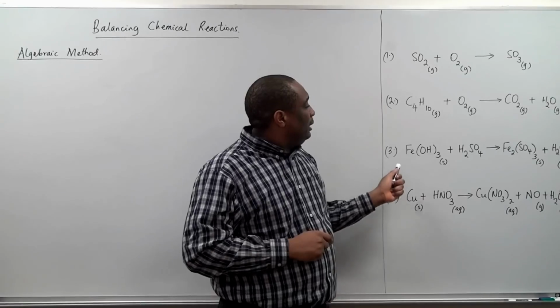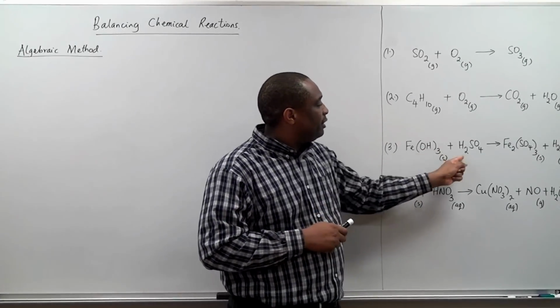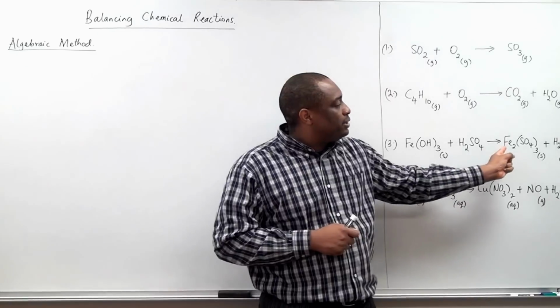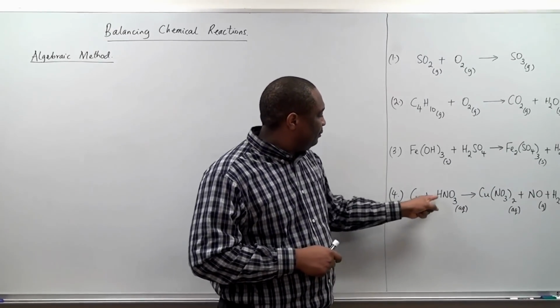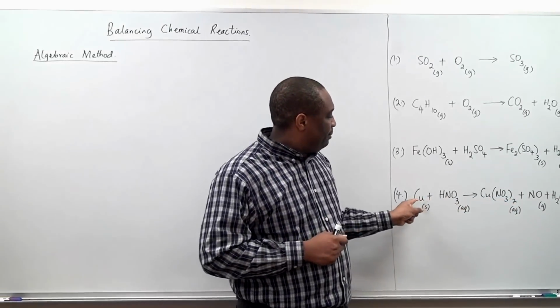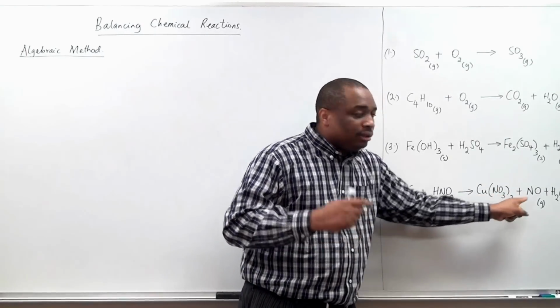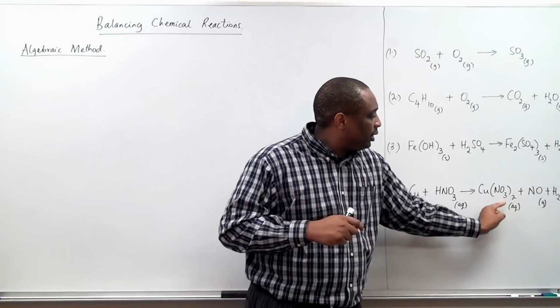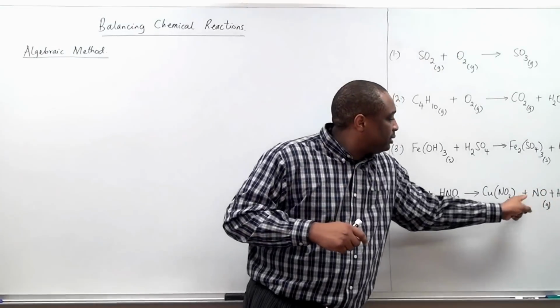The same thing goes with the third one. We place variables in front of the two reactants and also in front of one product. Then, if we have two reactants and three products, we place variables in front of two reactants and two products.